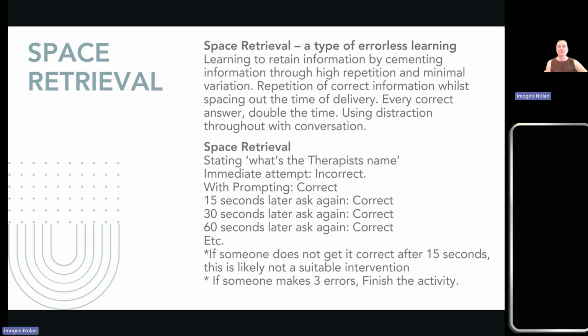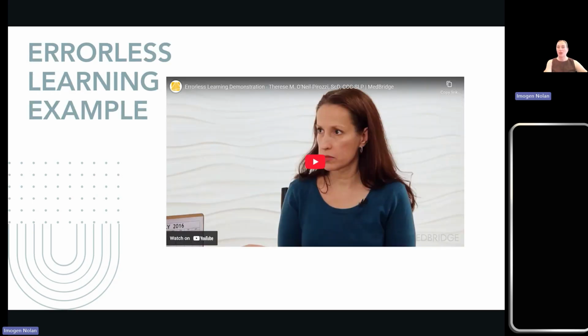This might be understanding their new address, or the person they need to call if they've got a new support worker agency, and different aspects of their daily life can be utilised for this spaced retrieval. This is a video, I will play it, of errorless learning in a clinical setting.